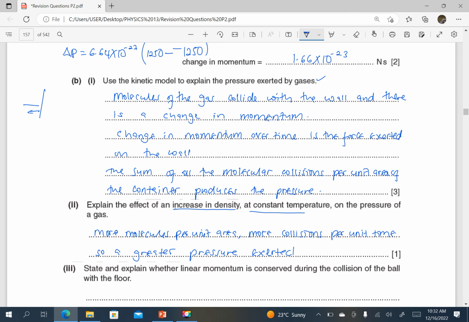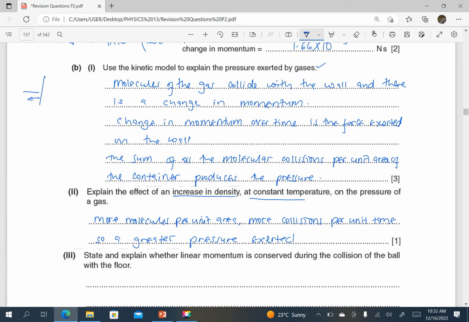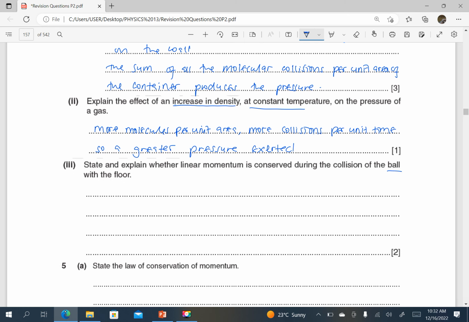I think this question is misplaced, because this is a molecule and this is a flat surface, and yet here it is referring to a ball and the floor. I think it's a misconnection, but let's just take it to be a molecule and a surface.